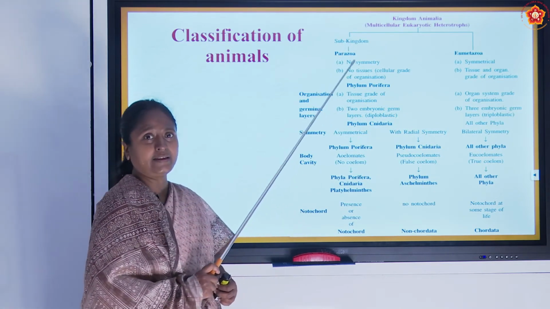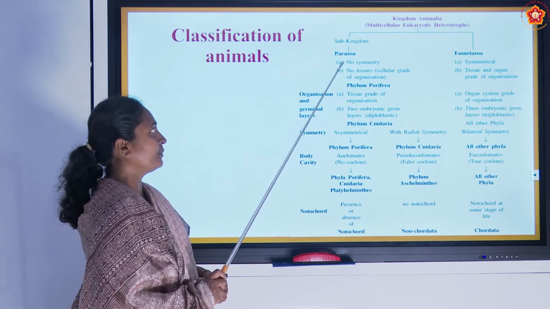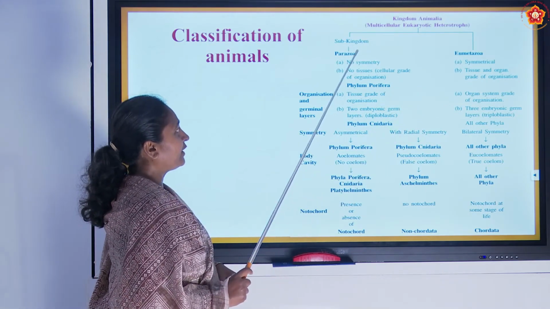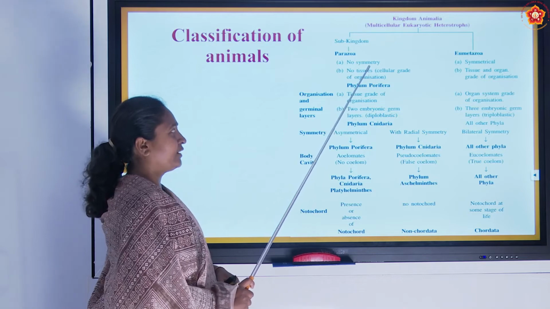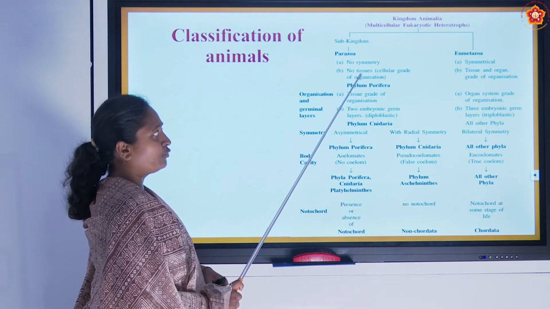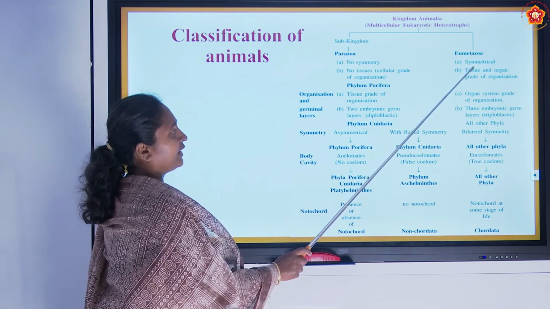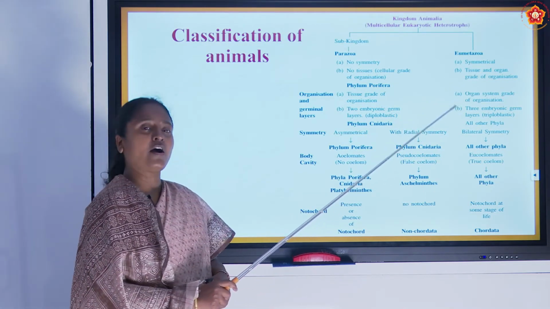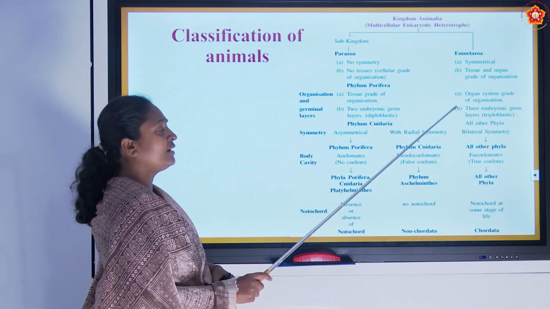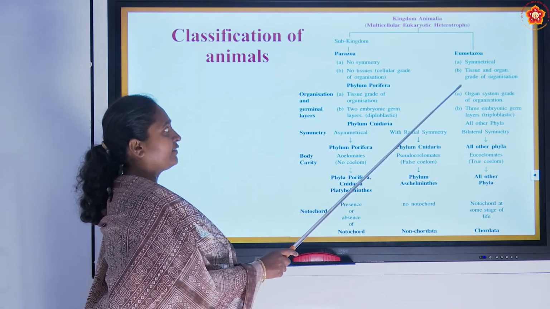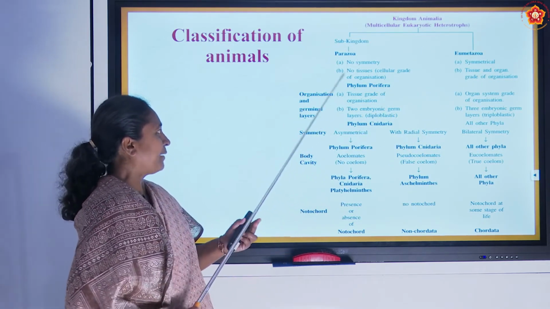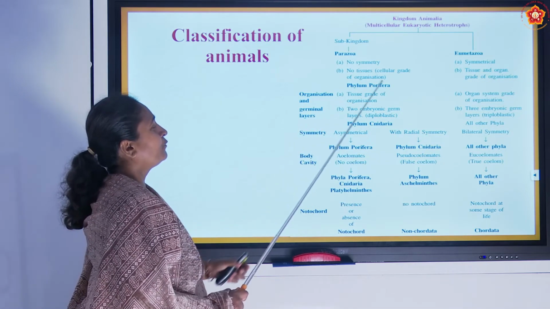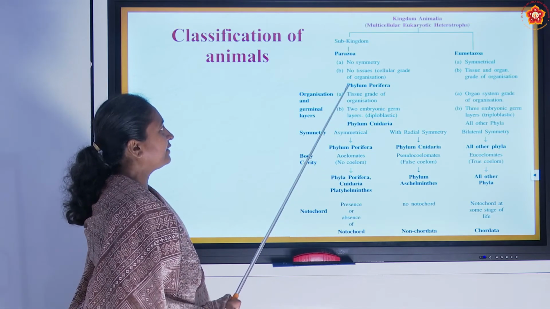This is not in your text, but here it is mentioned, parazoa and eumetazoa. In parazoa, we have no symmetry, they do not have any tissues, and eumetazoa show symmetry, and also we can see tissue, organ or even system level of organization.